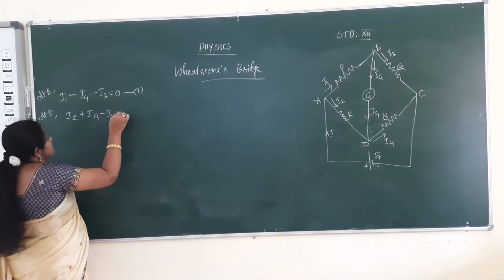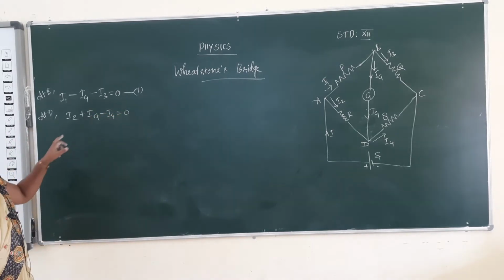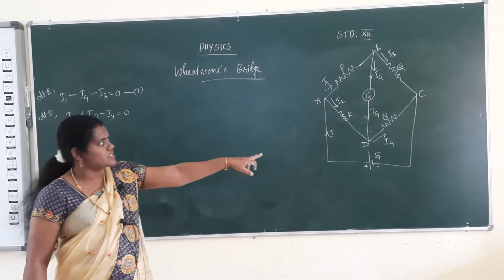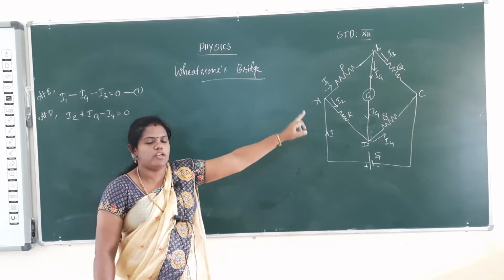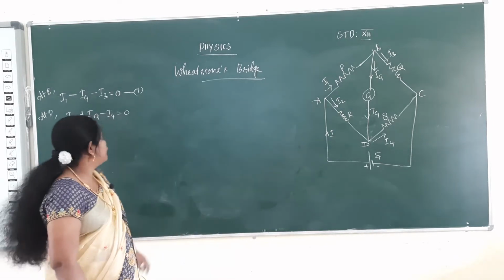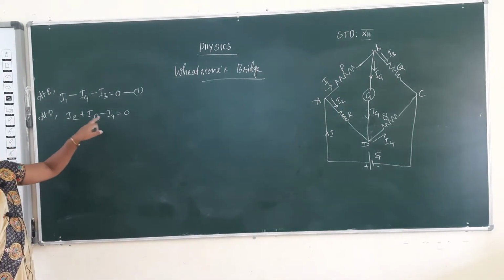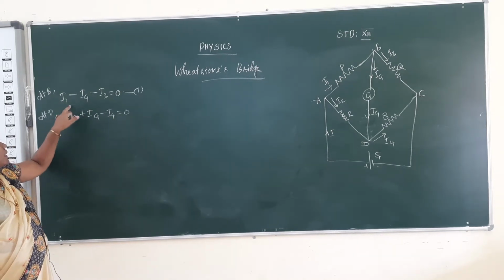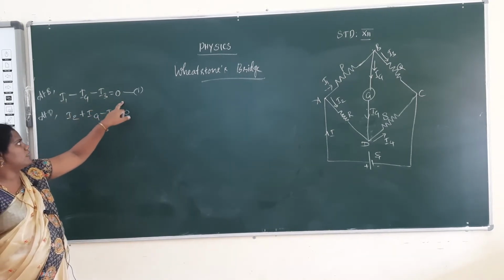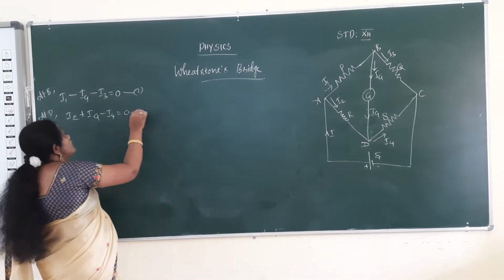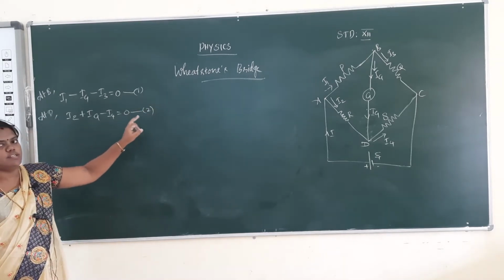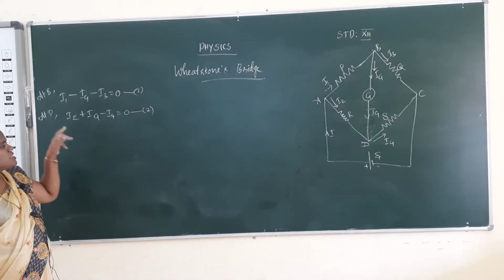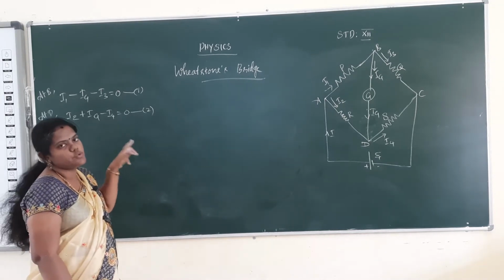Why? I2 and IG are entering junction D, but I4 is leaving from the junction. So I2 plus IG minus I4 equals 0. So I1 minus IG minus I3 equals 0 is the first equation, and I2 plus IG minus I4 equals 0 is the second equation. This is Kirchhoff's first rule applied to get the two equations.